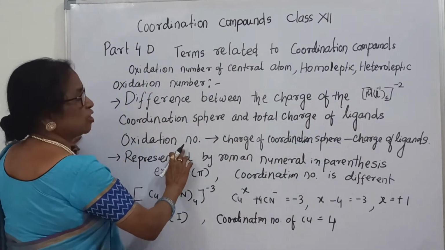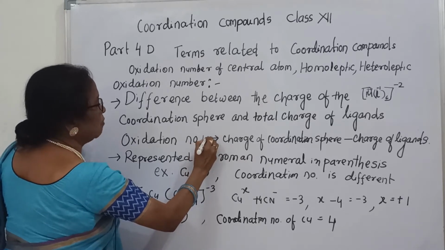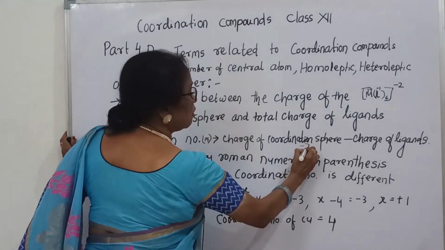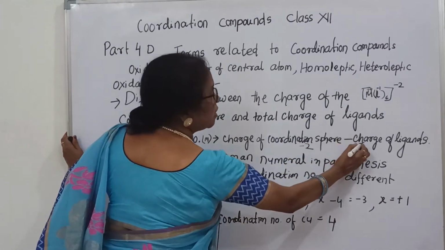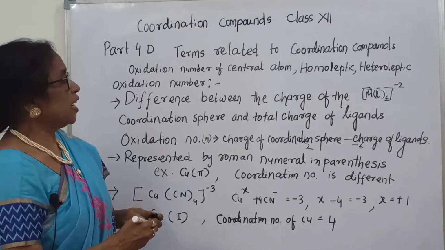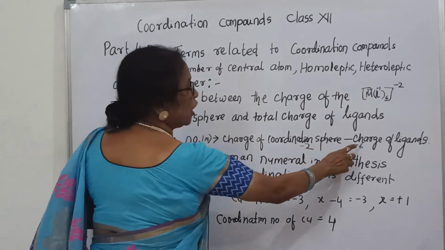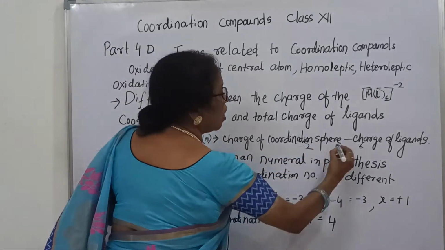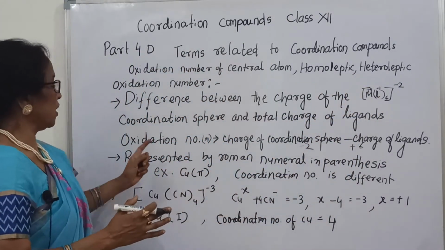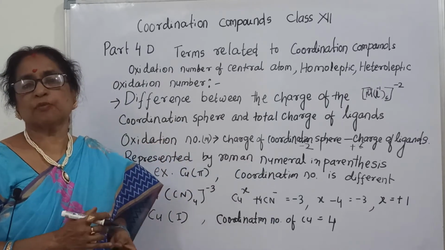Taking the oxidation number as M, M plus (-6) equals -2. So M equals -2 minus (-6); minus into minus becomes plus. Are you clear? This is a minus sign and that is a minus sign, so plus. Then the oxidation number of the metal is +6 -2, that is +4.